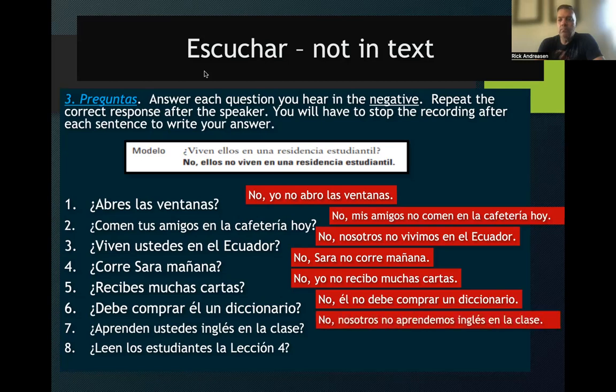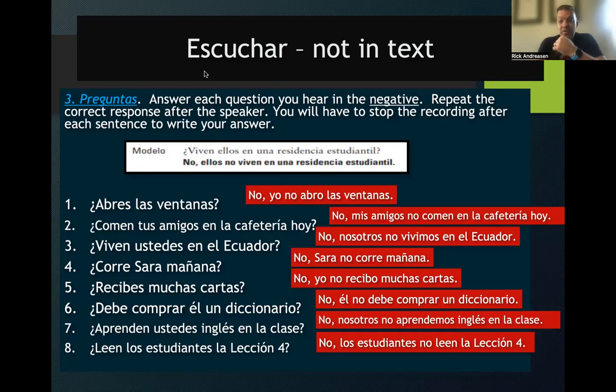No, nosotros no aprendemos inglés en la clase. 8. ¿Leen los estudiantes la lección 4? No, los estudiantes no leen la lección 4.